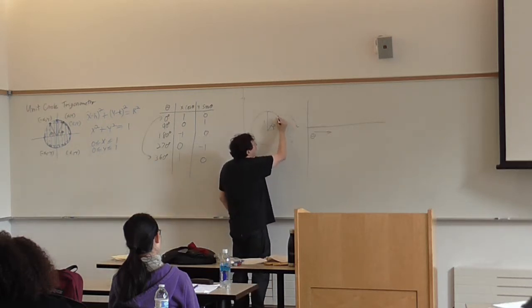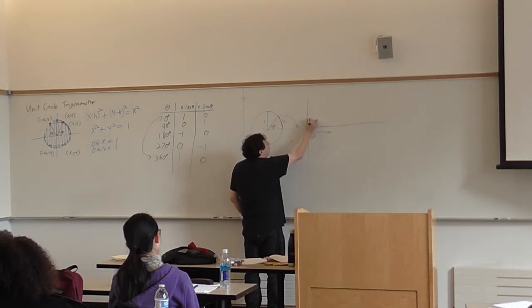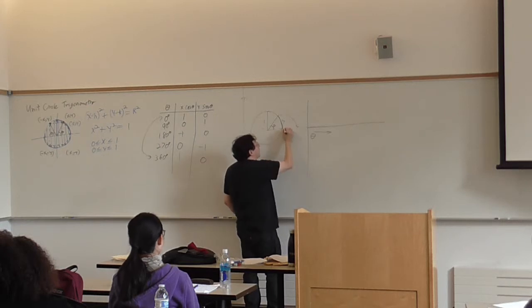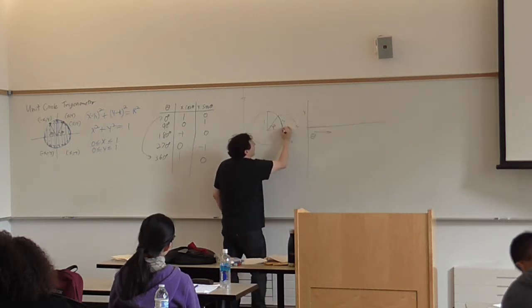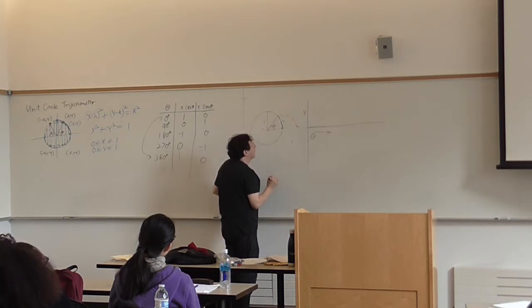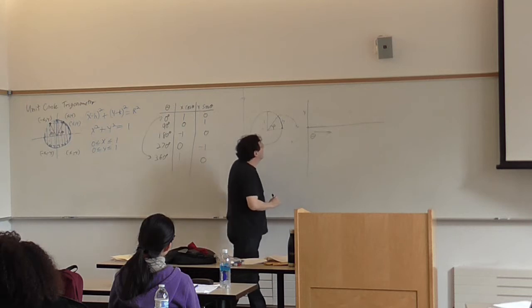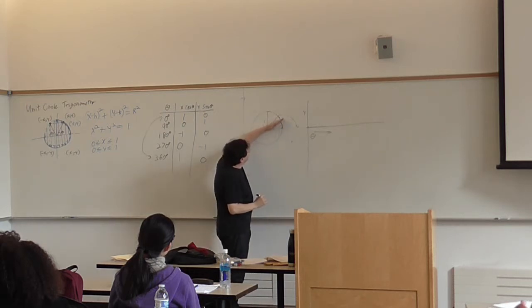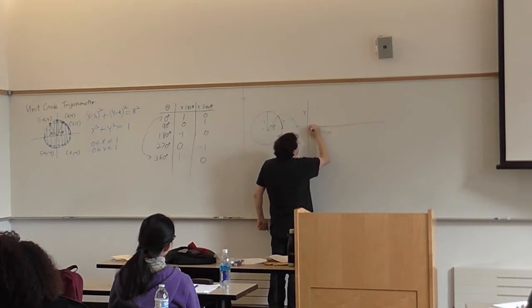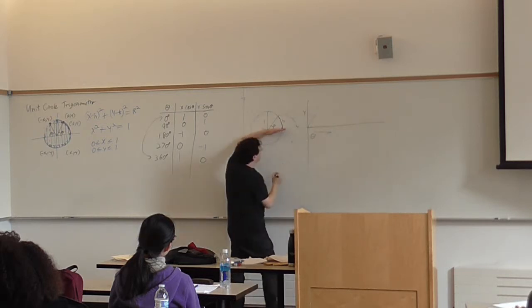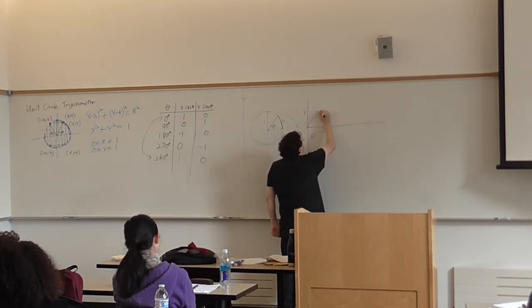So as I move along here, what I want to graph here is the y coordinate of this point. It's going to start at 0. And as my angle moves up, I'm going to find my y is moving up.